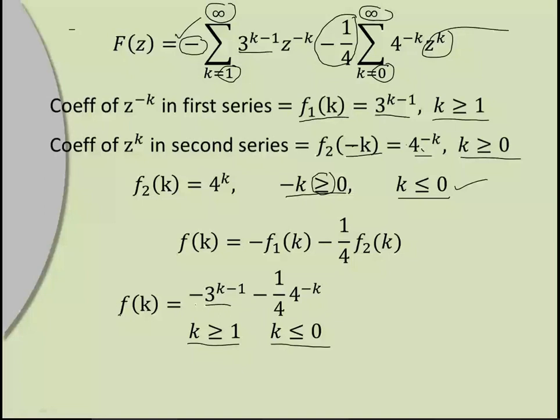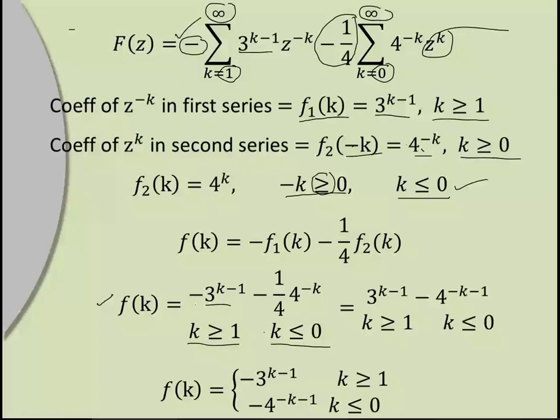Okay. So this is the inverse Z transform. Now this we can write in different intervals. K is taking negative values here and positive values here. So we can write this in the form of intervals. For k greater or equal 1, it takes value minus 3 raised to k minus 1, and for k less or equal 0, the 4 gets cancelled, so it takes value minus 4 raised to minus k minus 1.